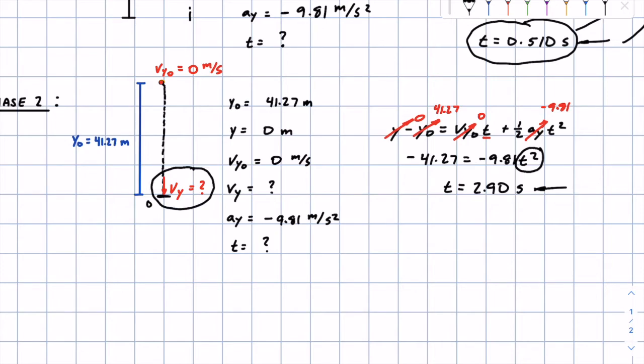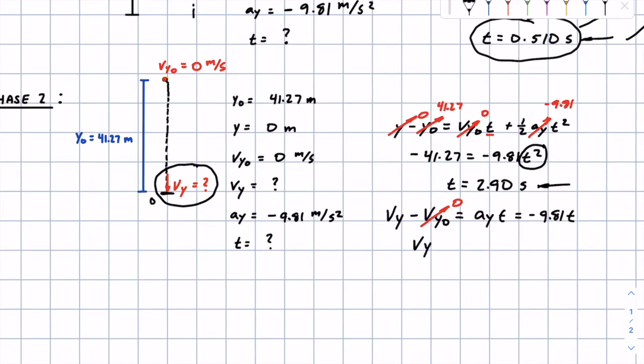Here, we're going to find the impact velocity. So we've got impact velocity or final velocity in the y direction minus the initial is equal to acceleration times time, which is equal to negative 9.81 meters per second squared times time. All right, and we know that the initial is 0. And so we've got final velocity is equal to negative 9.81 times time.